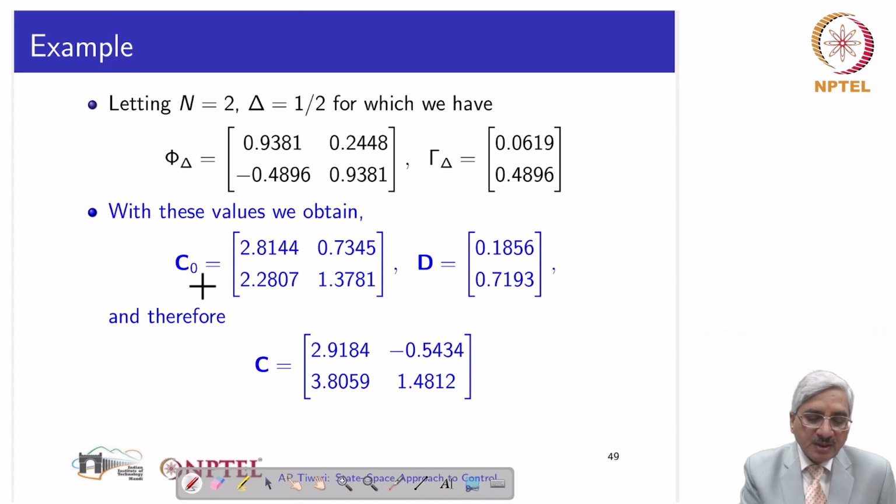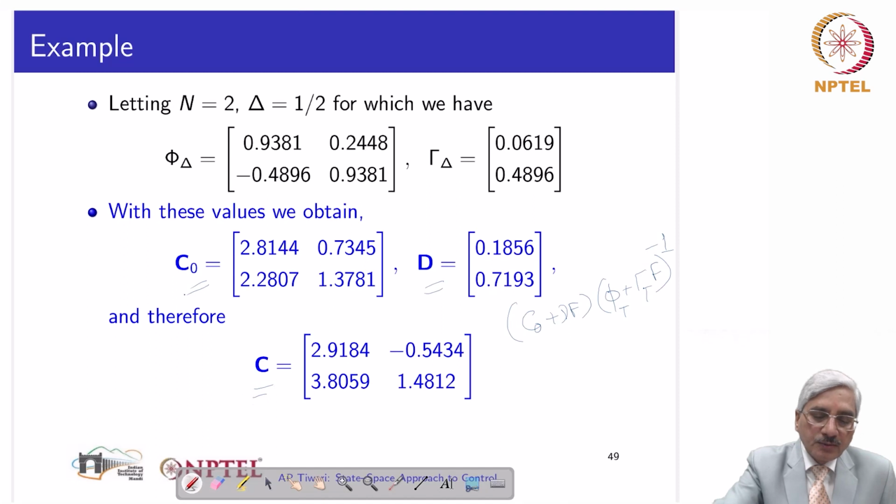And from that we obtain this as boldface C0 and this as D, and we combine C0 plus D F into phi T plus gamma T F inverse, we get this.